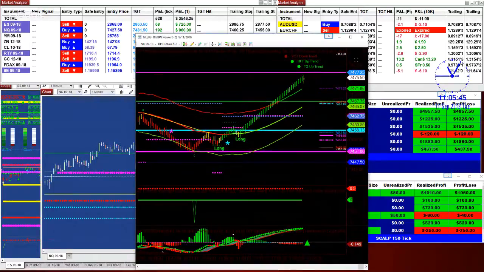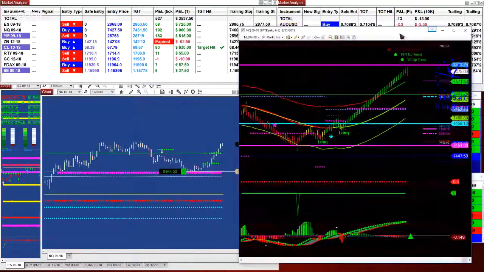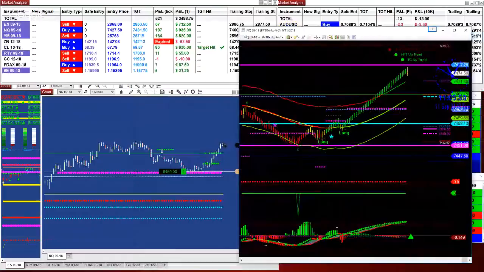So if we notice right now on the Nasdaq, it stopped in here. Look. So if you are on the long trade, please stop and exit and take a short.